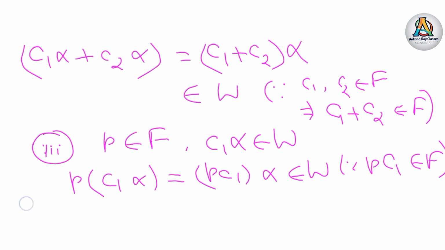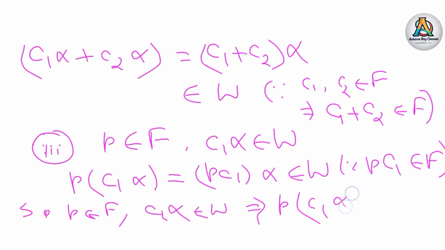So P belongs to F and C1 alpha belongs to W implies P C1 alpha belongs to W. Therefore, from 1, 2 and 3 we can say that W is a subspace of V.